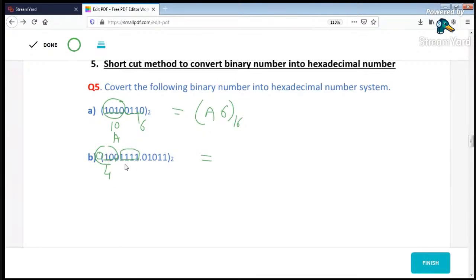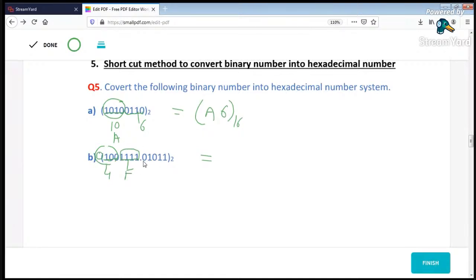And the four 1s in binary, if you convert this binary value to decimal, become 15. Again remember, 15 is represented by F in hexadecimal. So this is 4F for the integer part.